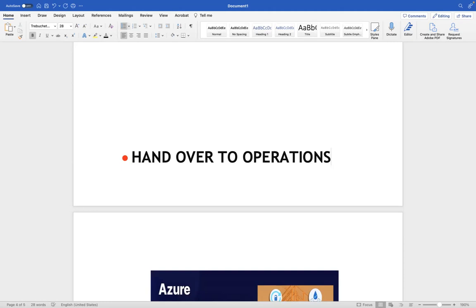And that might include some documentation too, guys, maybe implementation of operation resources like backup and antivirus and things of that nature. You might have workshops and training sessions with the operation teams.